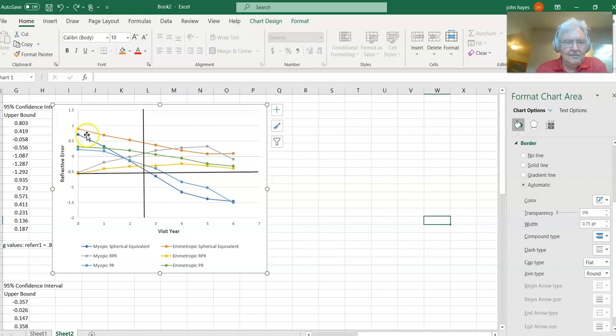refraction relative to central. So here, when we're looking at spherical equivalence, it's above the peripheral refraction. So we're myopic, it's a minus.